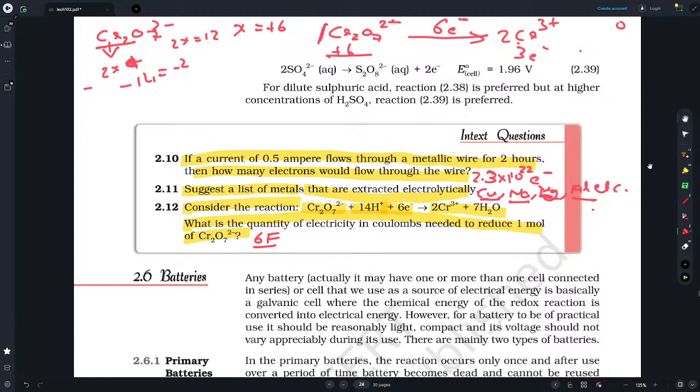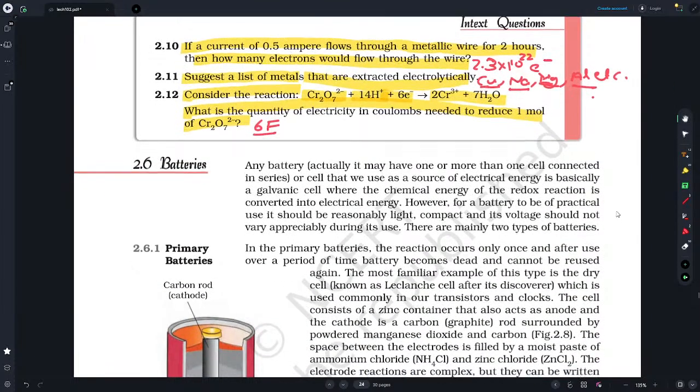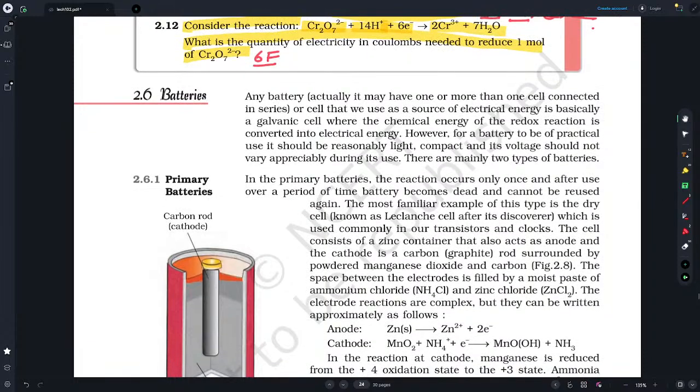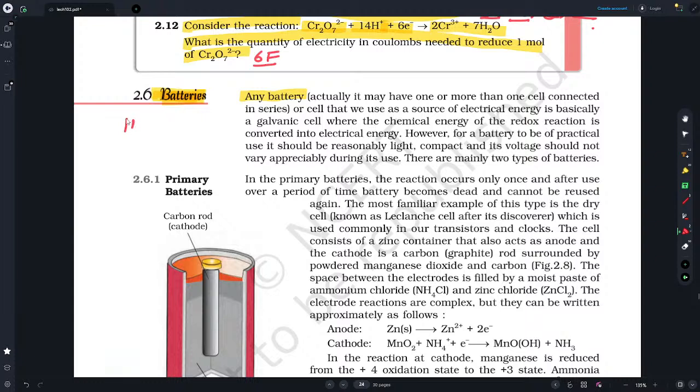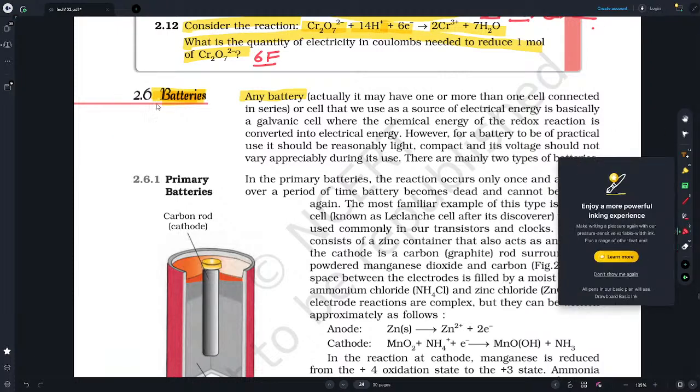Now the next topic is batteries. A cell is what produces electricity. A cell is represented like so.